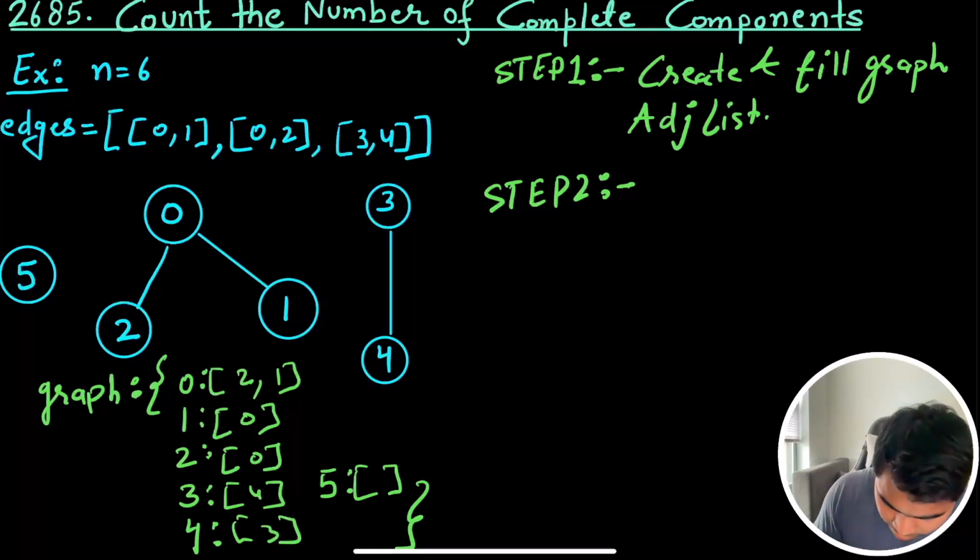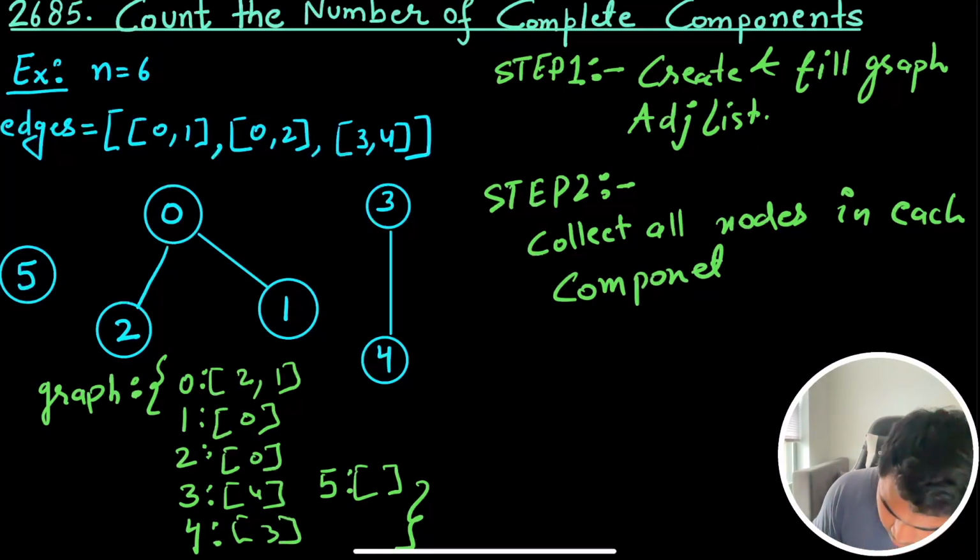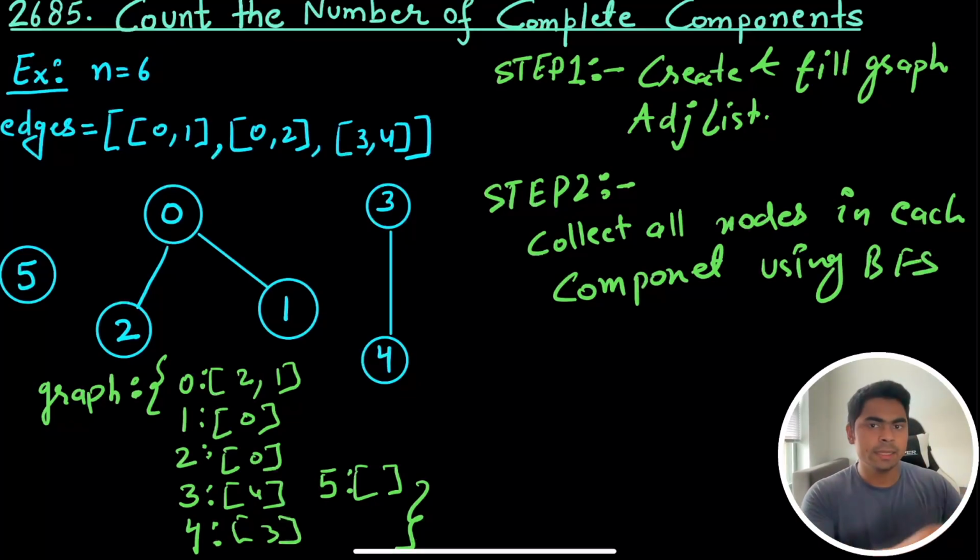So that is why now collect all nodes in each component using BFS. I will use BFS this time because BFS is more efficient in visiting all the nodes as soon as possible, rather than doing it DFS.